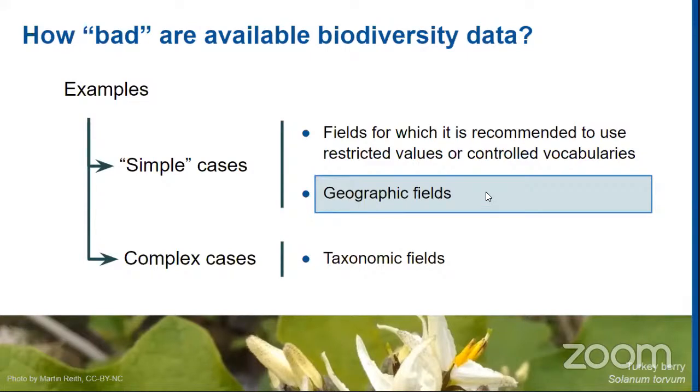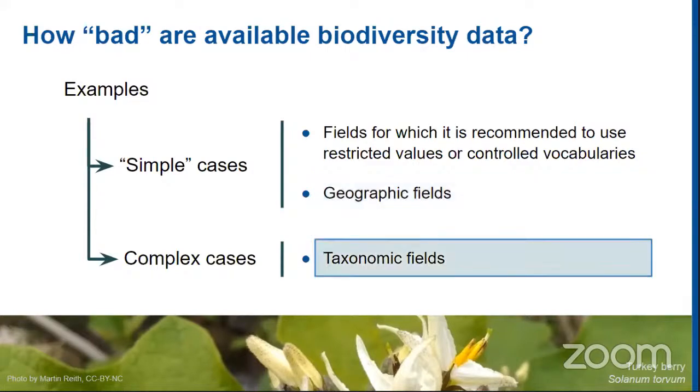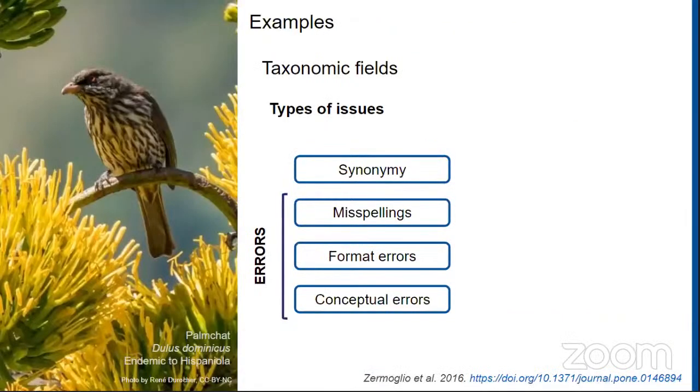And I'm going to pass now to the taxonomic data. And I'm going to show you an example from a study that was conducted some years ago, where the authors looked at taxonomic names, in this case for vertebrates, and they tried to understand if those were valid names, and if they were not, if they could find the corresponding valid names.